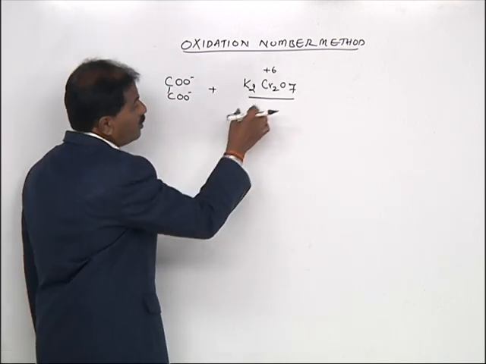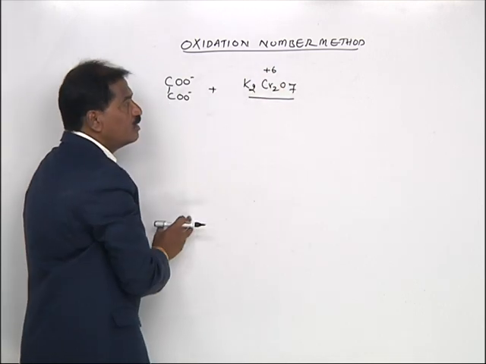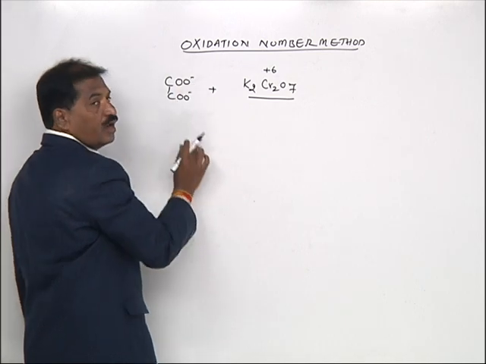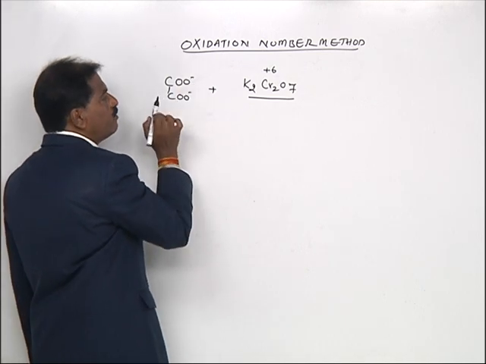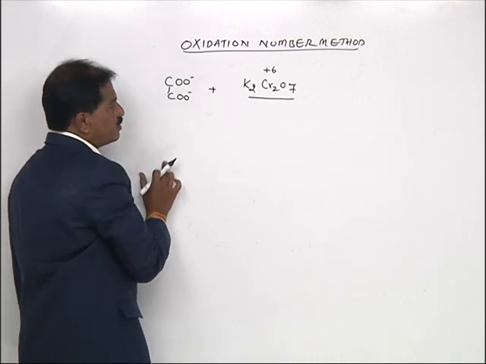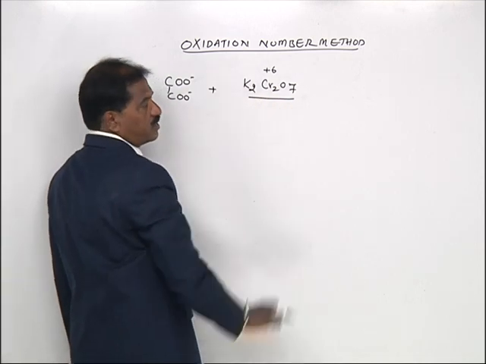Hence, chromium will always gain the electrons. Hence, potassium dichromate will always act as the oxidizing agent. Next, this oxalate or oxalic acid will always act as the electron supplier or reducing agent. This will act as the reducing agent. This will act as the oxidizing agent.